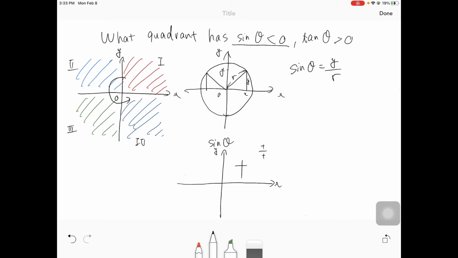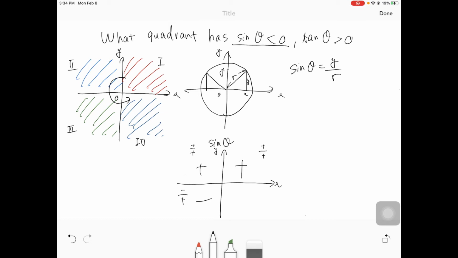Next, let's think about the second quadrant. In the second quadrant, again, y value is positive, and r is always positive. So plus over plus is going to be positive. In the third quadrant, y value is negative, but r value is positive, so negative divided by positive is going to be negative.